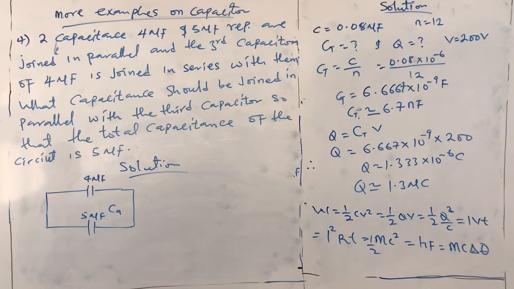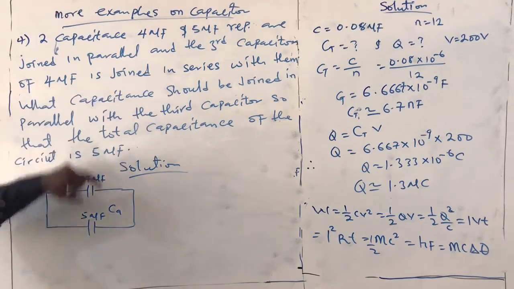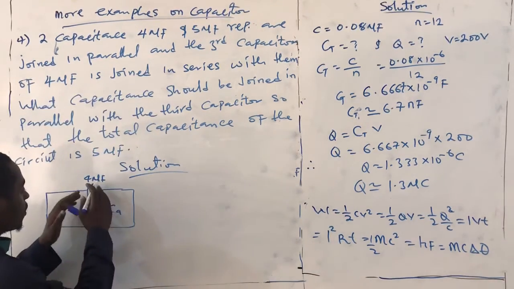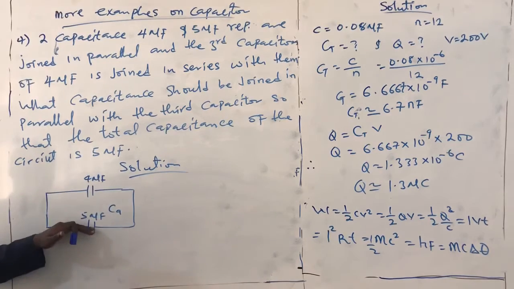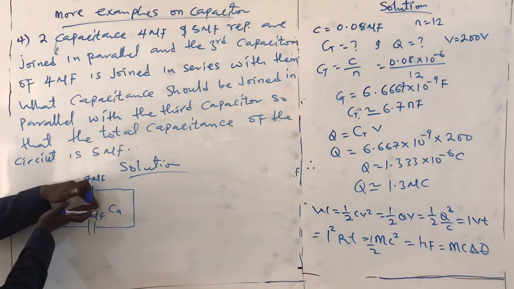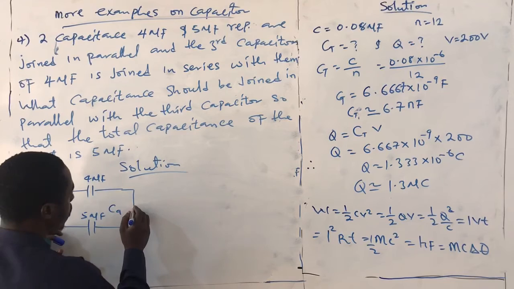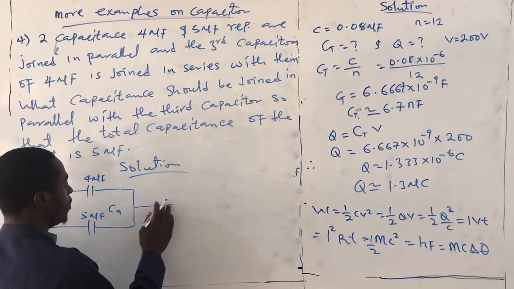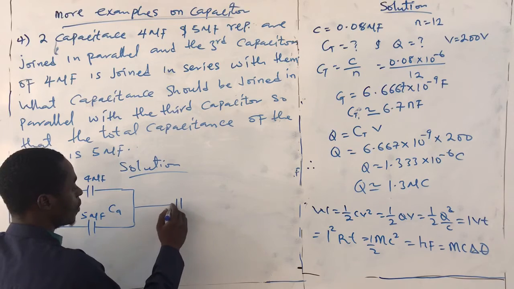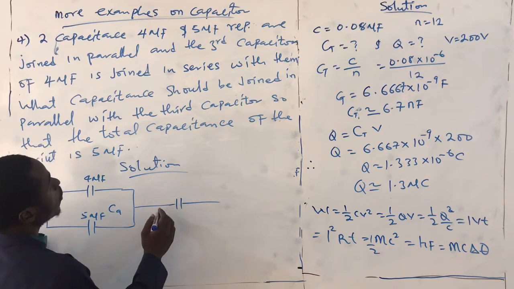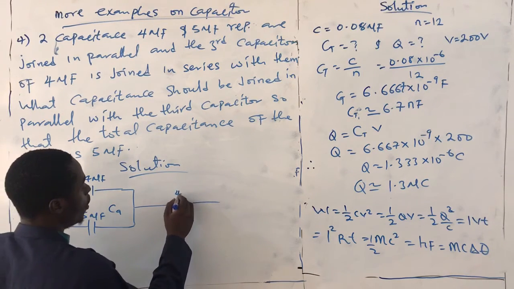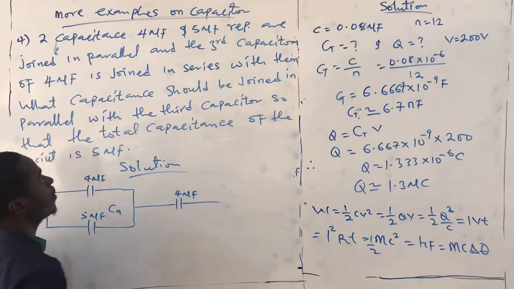They now say the third capacitor of 4 microfarad is joined. If we resolve this into parallel, we are going to have something like this, which will be in series with another capacitance, the third one, which is of 4 microfarad.